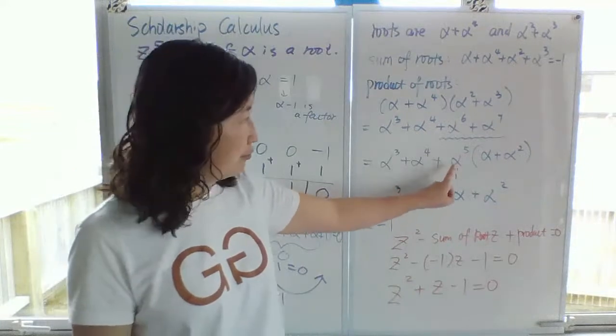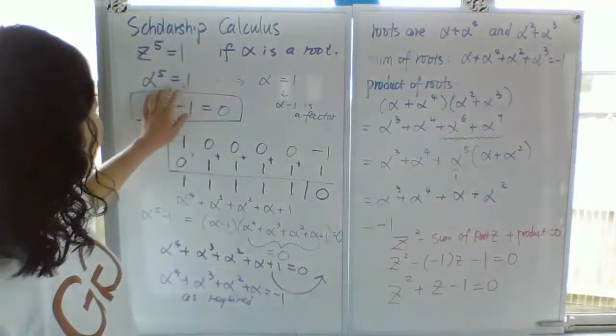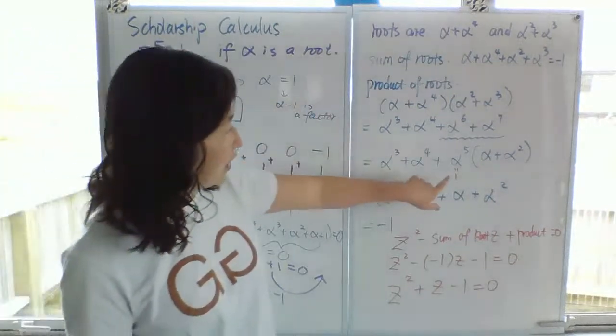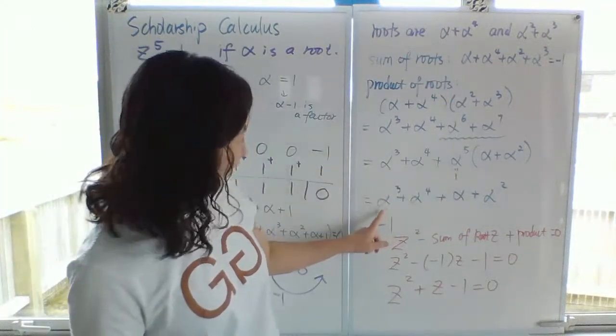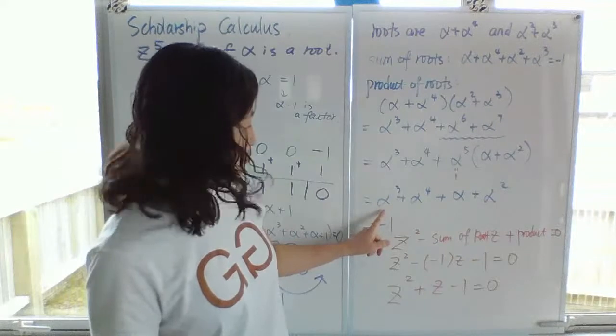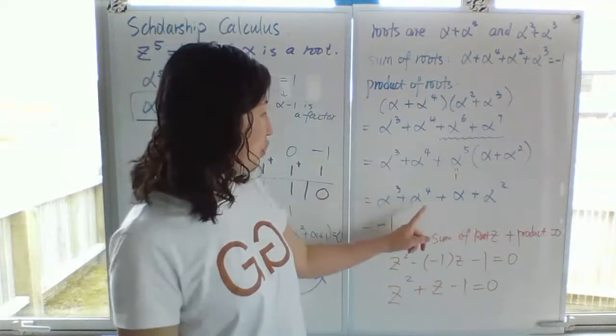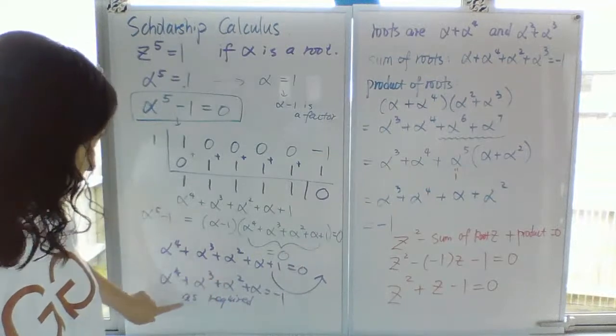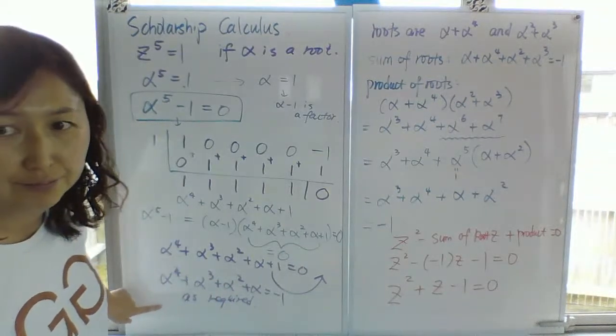So you just check if you multiply here. But from the beginning, we know that alpha to the power 5 is equal to 1. So I substitute back into here. So therefore, at the end, I'll get the exact same expression, which is alpha plus alpha squared plus alpha cubed plus alpha to the power 4, which is from the top one.